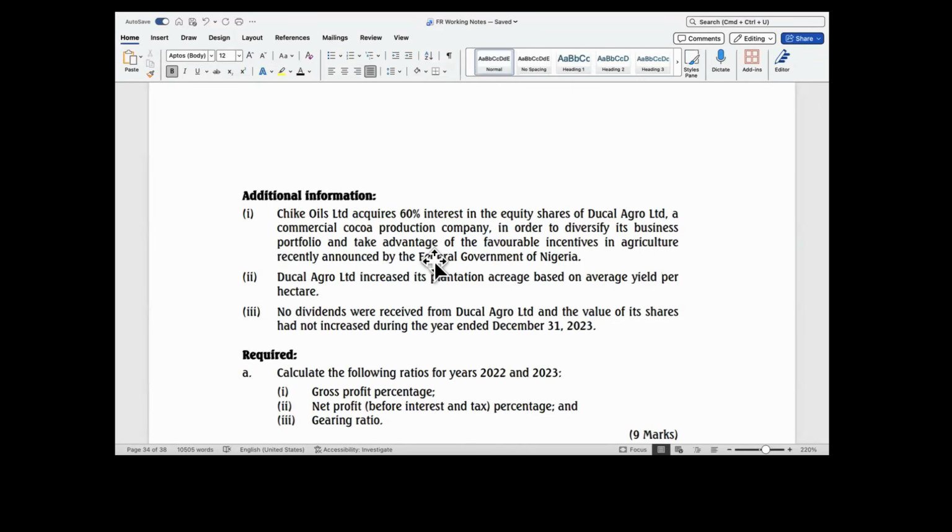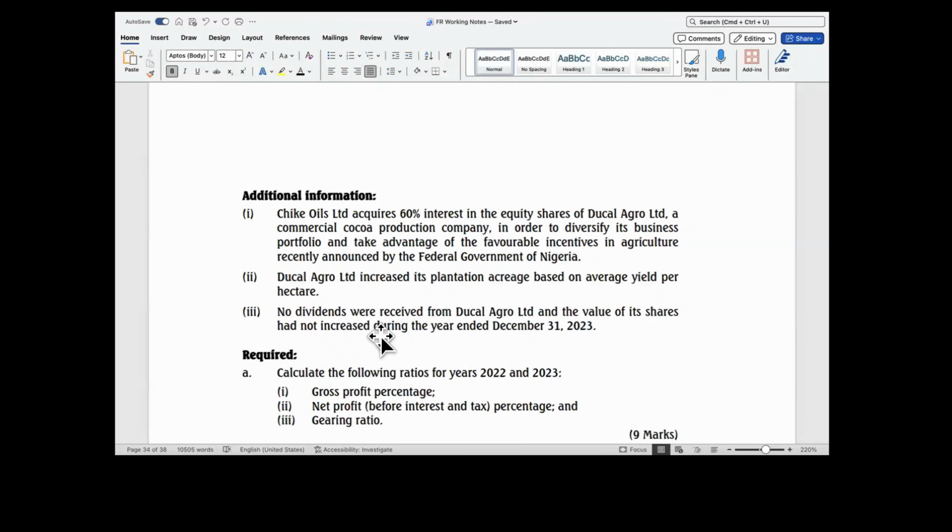We are now told that the company they acquired has increased its plantation acreage based on average yield per hectare. That means the company is doing well. And we have not received any dividend from Dukalago, and the value of its shares has not increased.